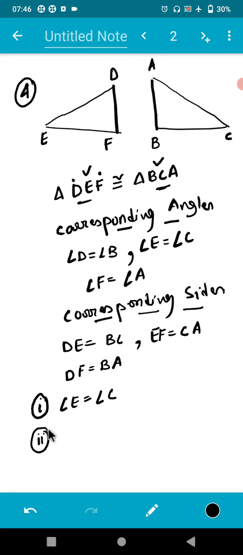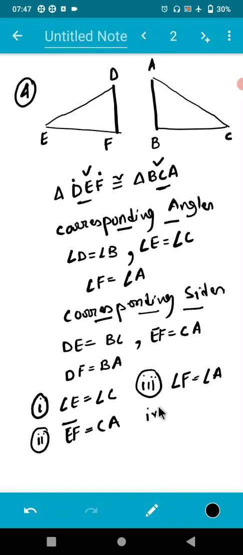Number 2, what is given? EF. Now EF is a side, this is a line segment. So EF is equal to what? CA, isn't it? Now number 3, what is there in number 3? Angle F. Now see, angle F is equal to what? Angle A. Absolutely.